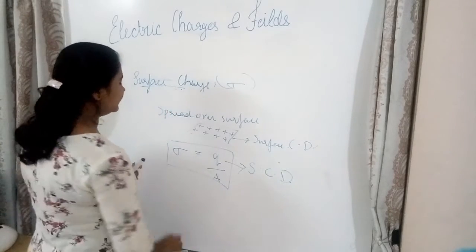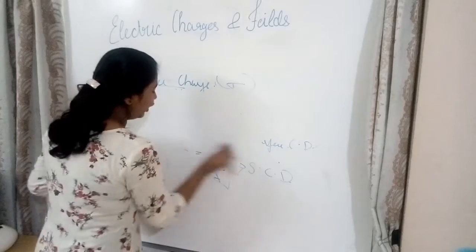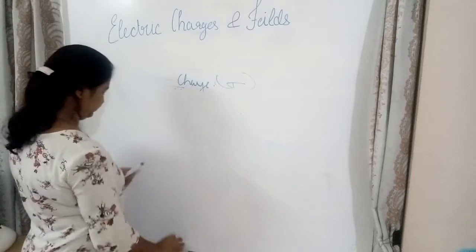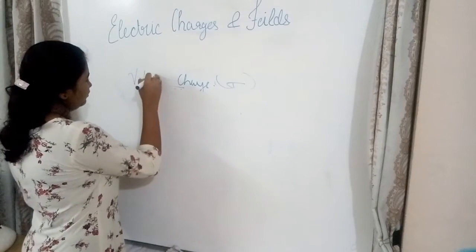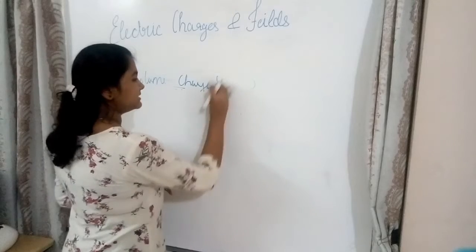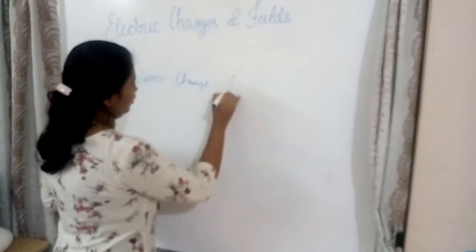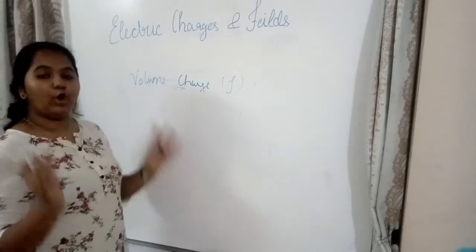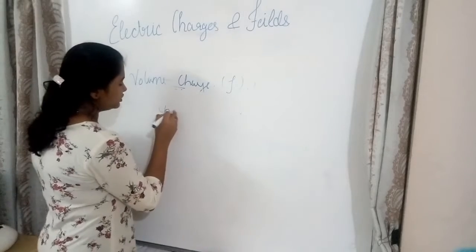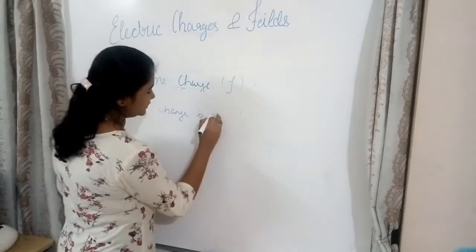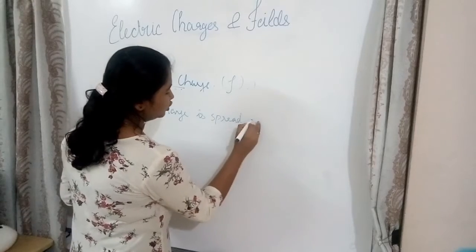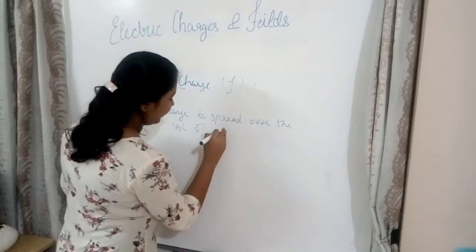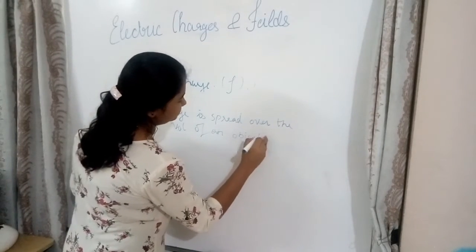Now the third and the last one is volume charge distribution. That is represented by the letter rho. What is volume charge distribution? When the charge is distributed over the volume of an object.